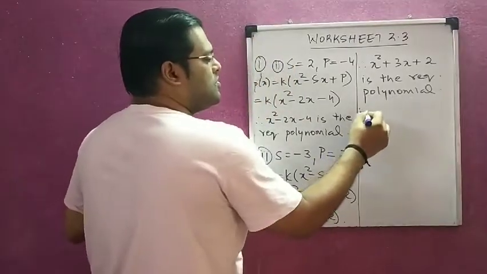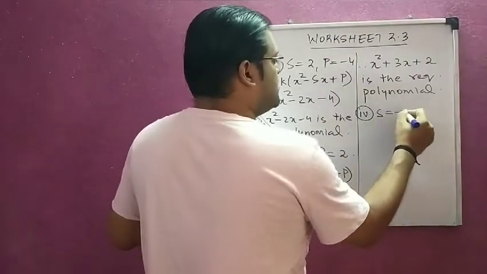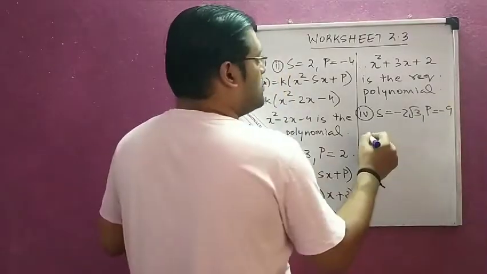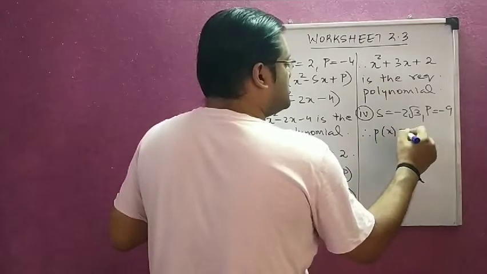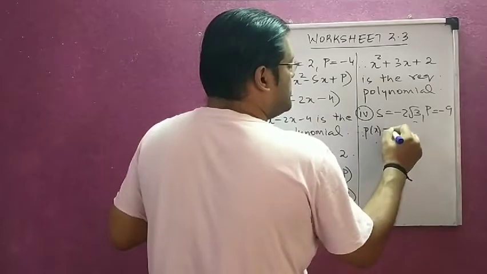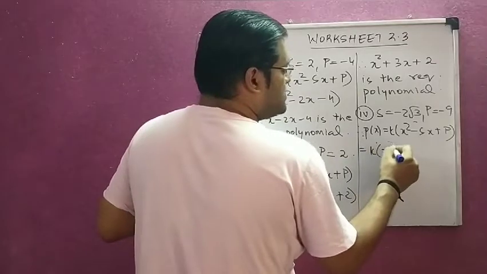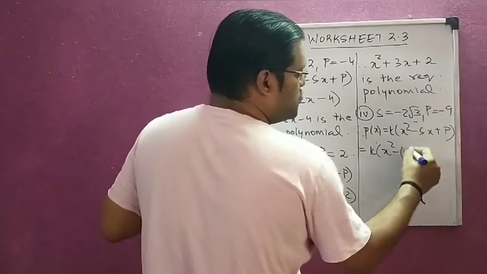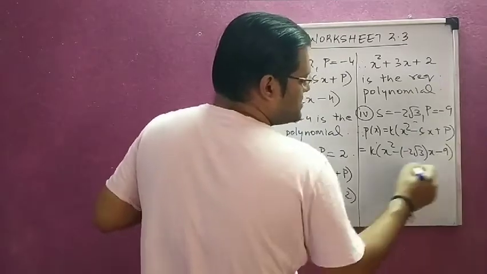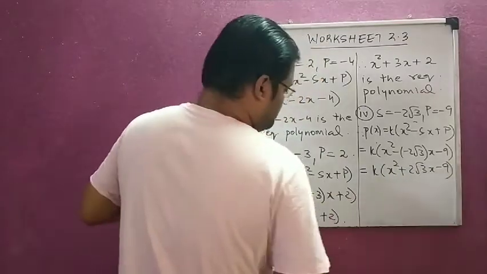Right? Question 4. S is given as minus 2 root 3. P is given as minus 9. So, p(x) will be k x square minus sx plus p, which is k x square minus of minus 2 root 3x plus, that is going to become minus, so k x square plus 2 root 3x minus 9.